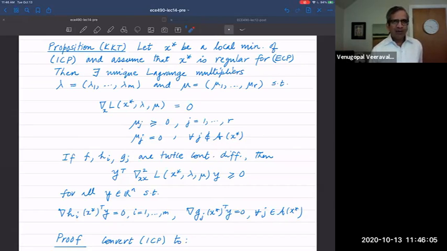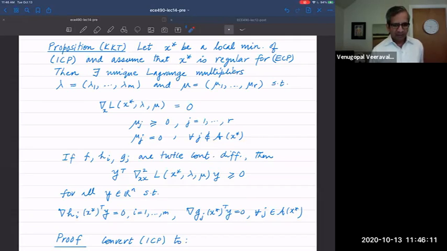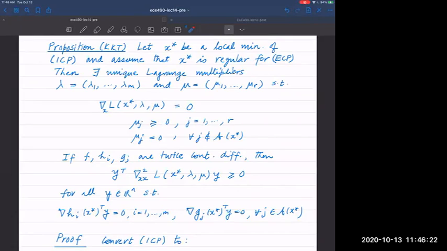Some of the active ones could also be 0. Not ruling that out. It's not going to be strictly positive. So it's non-negative. Same with the lambdas, right? Some of the lambdas could be 0, and we saw an example of that in the last lecture, last Tuesday, I guess.